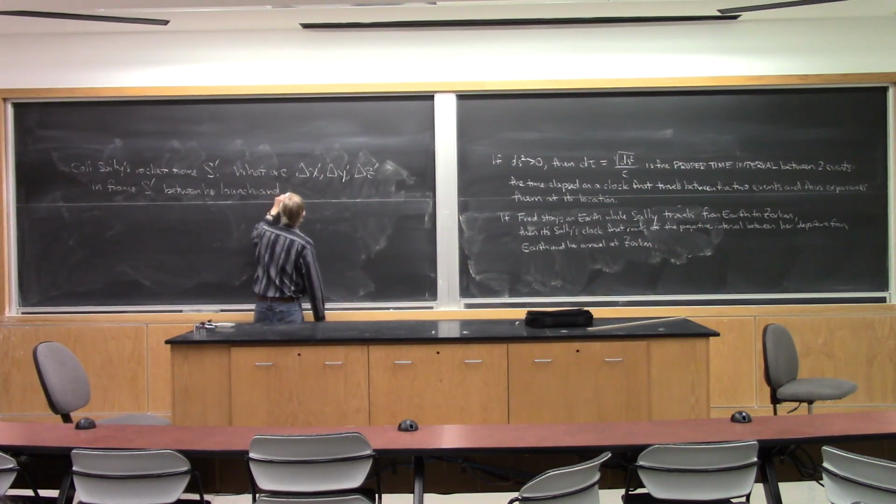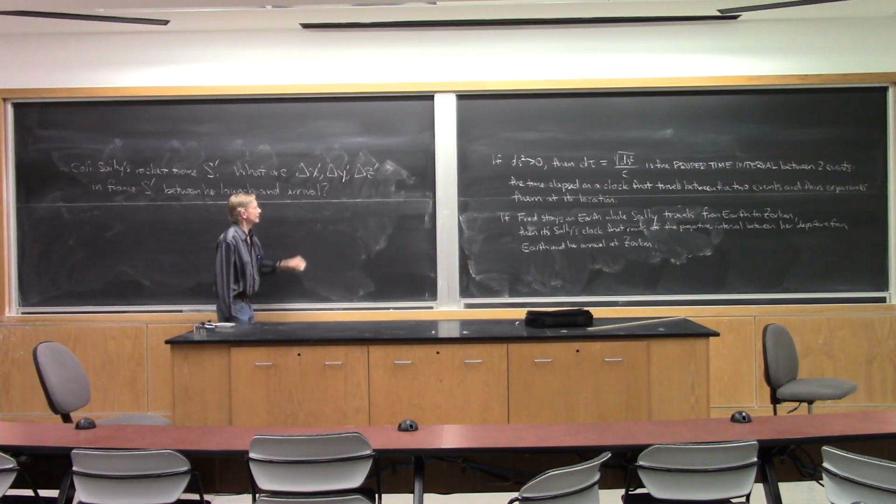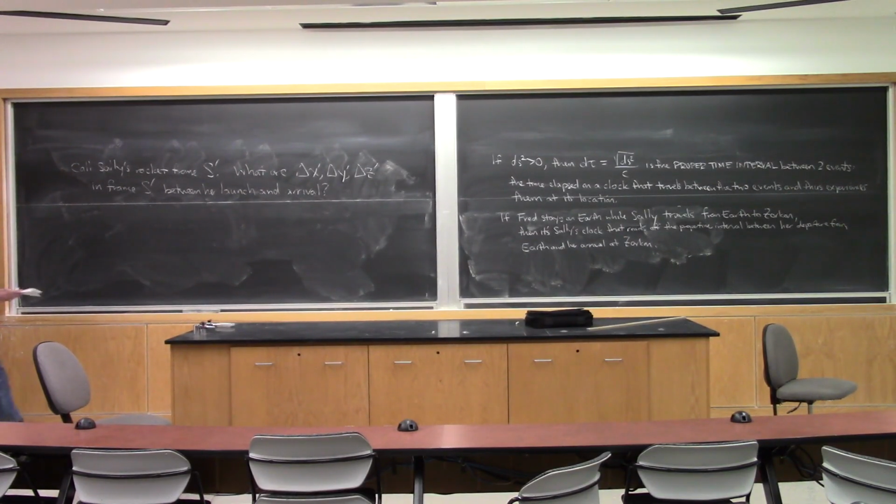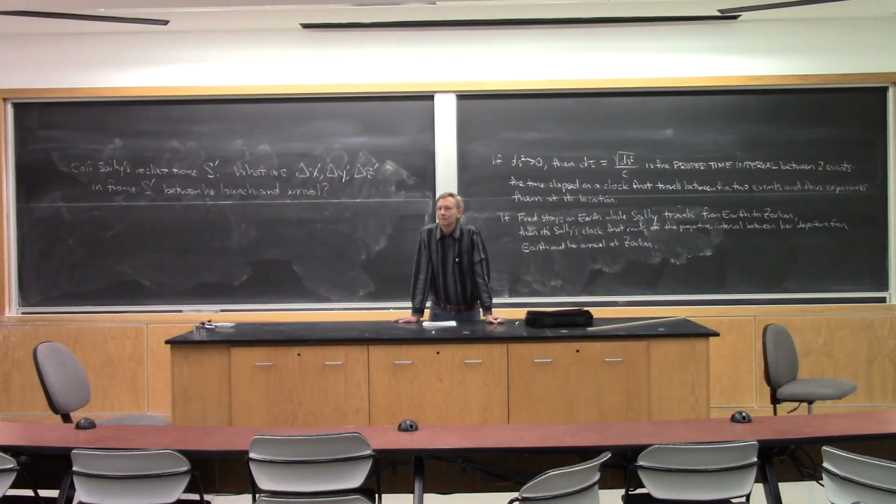Between her launch and arrival. What are delta X prime, delta Y prime, and delta Z prime for Sally? What does Sally say the change in her X coordinate is between when she launched at Earth and arrived on Zorkon? Yes? She would say that there was no change.